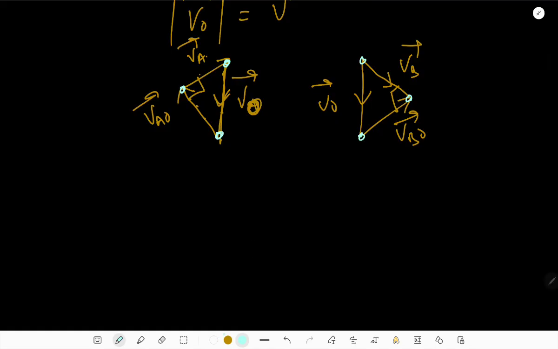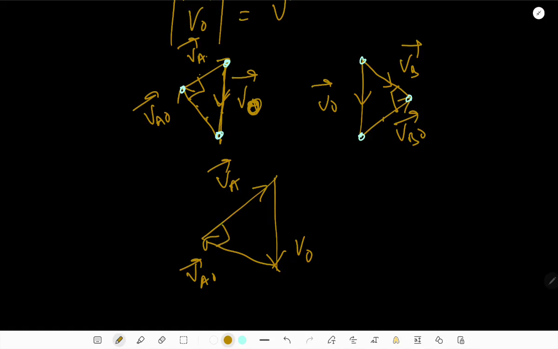The picture was nice. Though I don't know the direction of the velocity of O, and I don't want to know, these two things have the same magnitude. So the velocity of A with respect to O and the velocity of A are perpendicular.